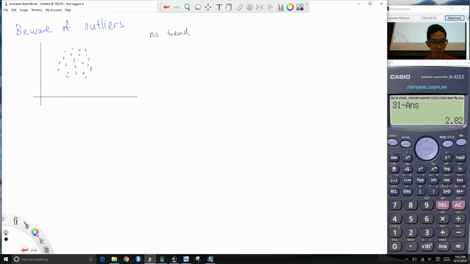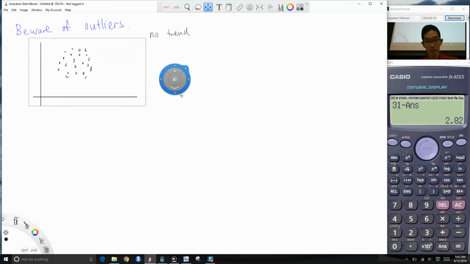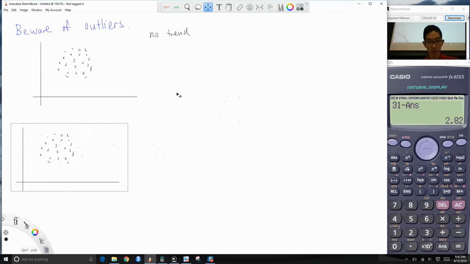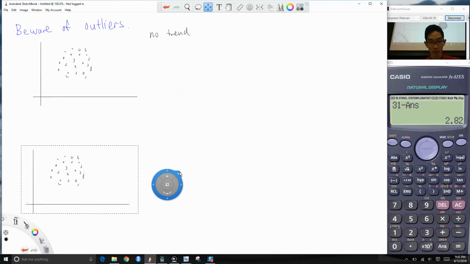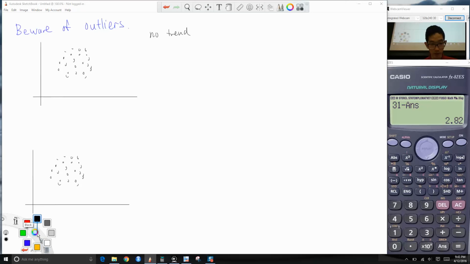Now let's say we do have some kind of outlier. And then suddenly we have a data point way out here.